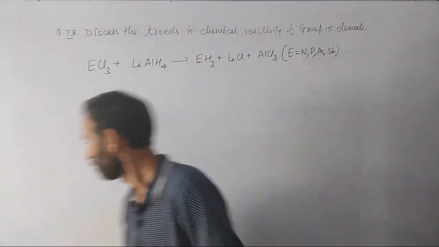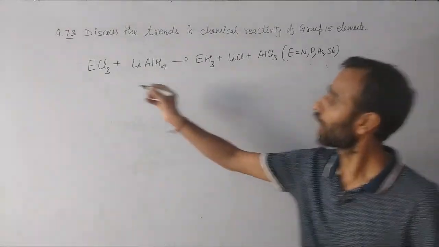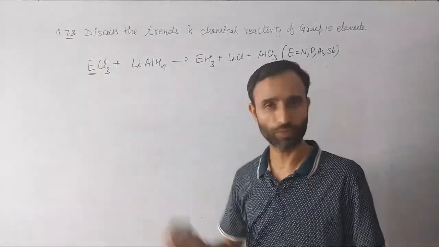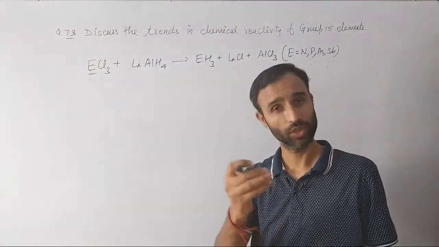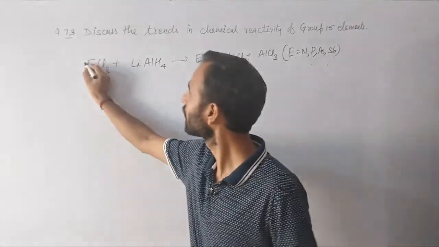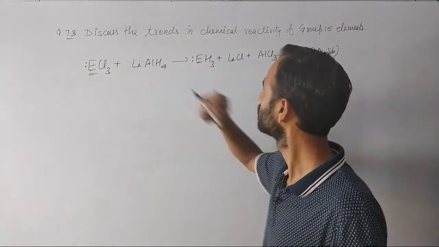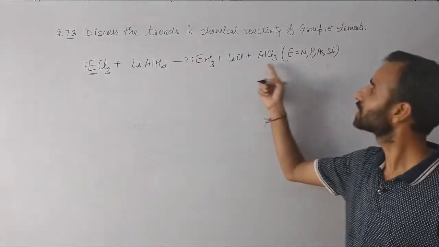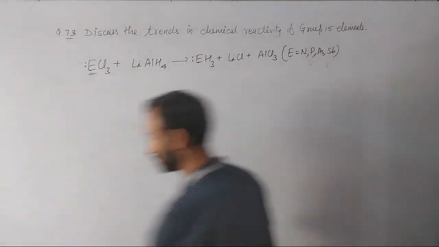Okay, because this element is group 15, so it can form 3 bonds, and there is one lone pair in every case. EH3, LiCl, AlCl3. Just balance it.